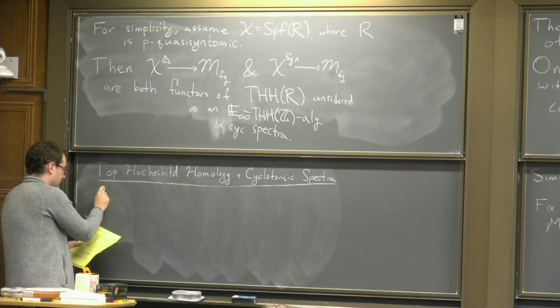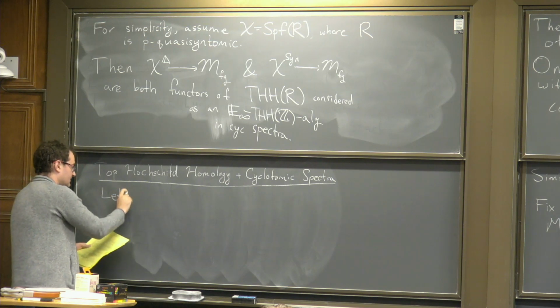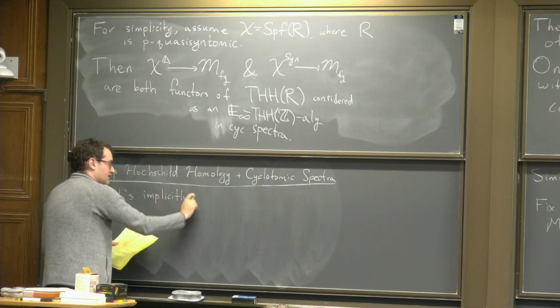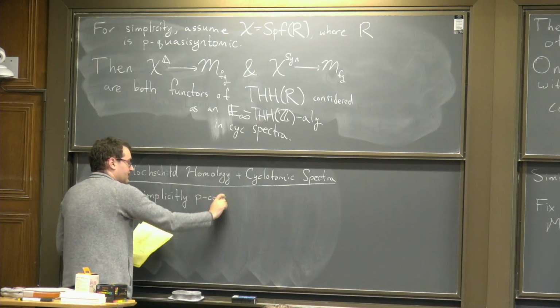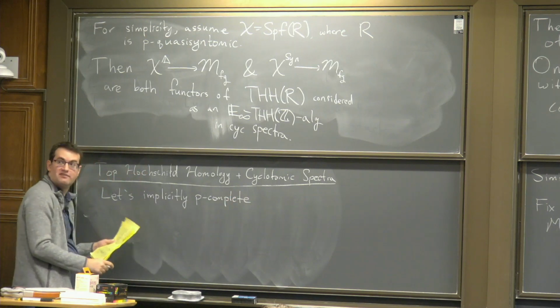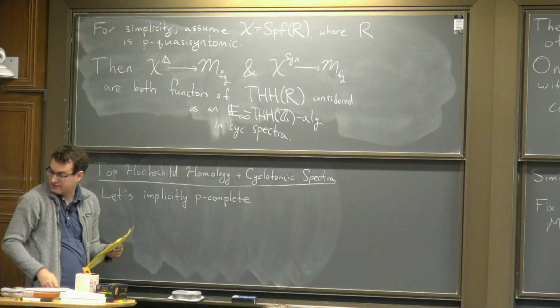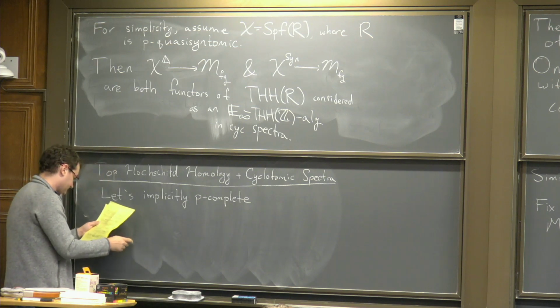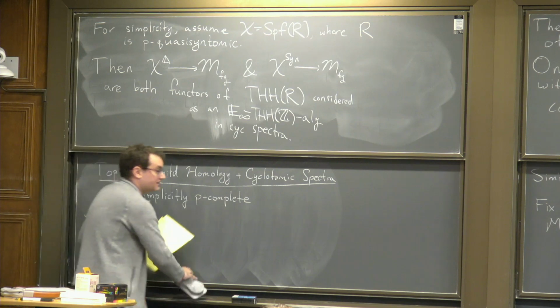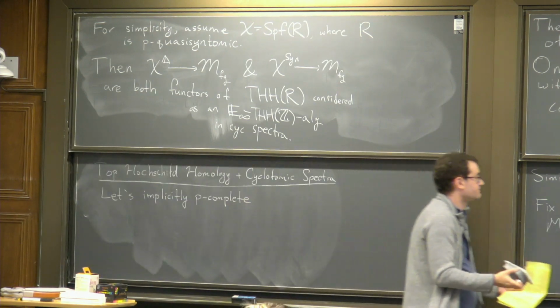Okay, and from now on, let's implicitly be p-complete. So I'm always going to be thinking about p-completed spectra and things like that, before I make a mistake by forgetting that. Okay, so let's just recall the definition of a cyclotomic spectrum.